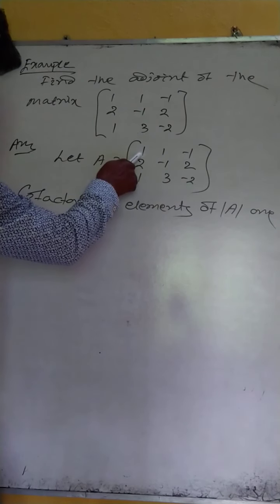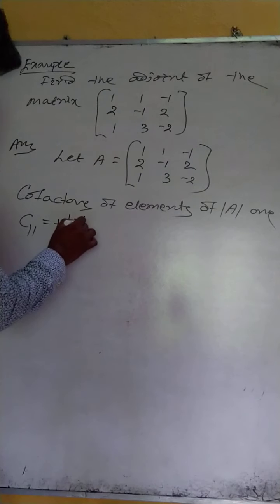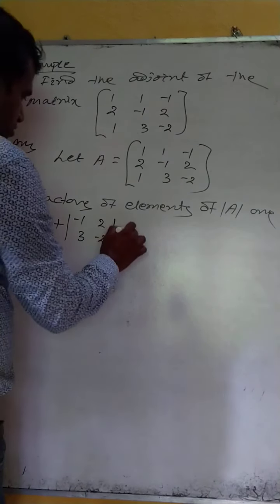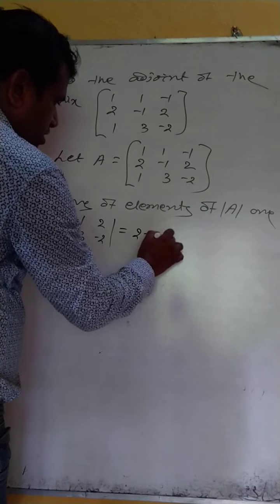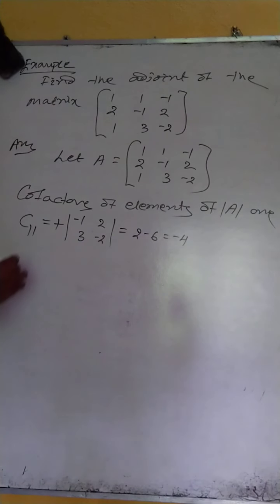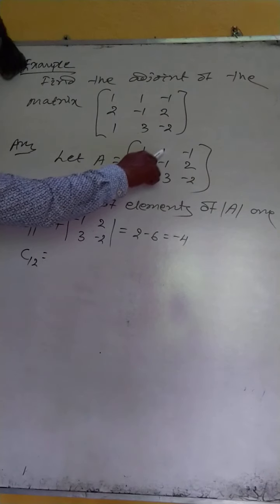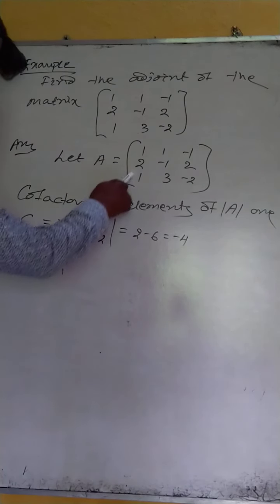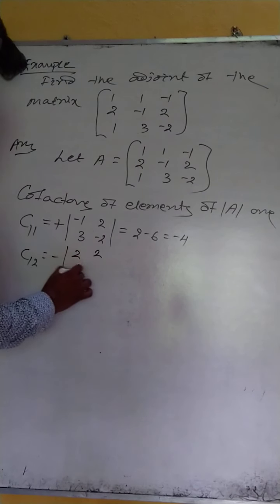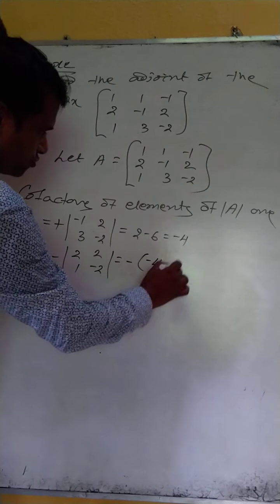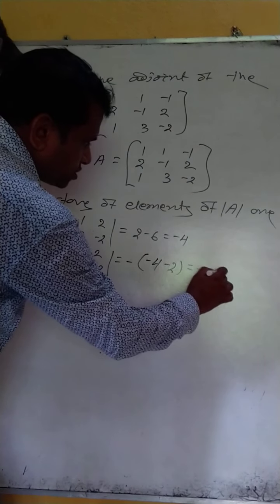Here the minor is -1 2, 3 -2, that equals 2 minus 6, that equals -4. Similarly, C12, the first row second column element, is minus of its minor 2 2, 1 -2, that equals minus of -4 minus 2, that equals minus of -6, that equals 6.